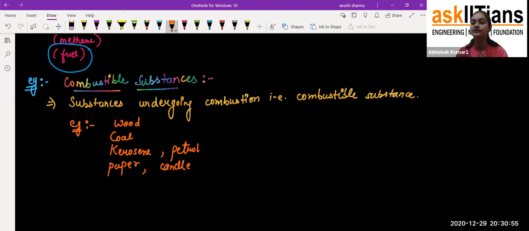Then we use candles so that we can do some kind of work, because we get light from it. We also get heat, because you can't touch the flame of the candle, and the candle wax converts into liquid. That is how, students, we can say these are combustible substances which can undergo combustion.